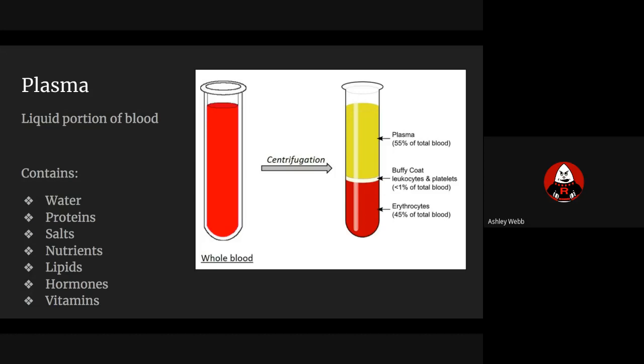The erythrocytes, the formed cells, have settled to the bottom, and the plasma rises to the top. That 55% of the blood being the plasma just rises up to the top. We also have a middle layer that we haven't talked about yet, which is our buffy coat. That's where the leukocytes and the platelets collect.